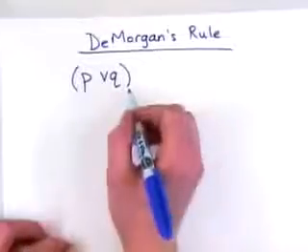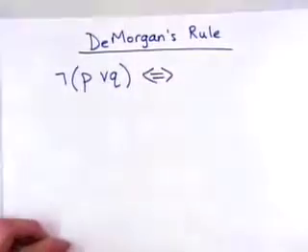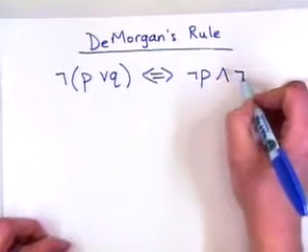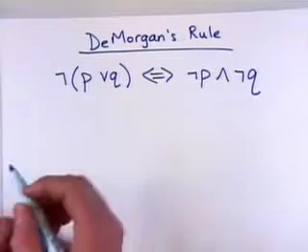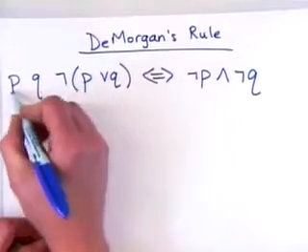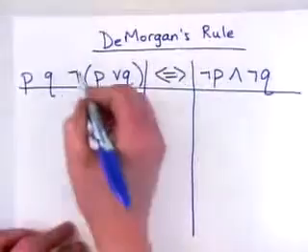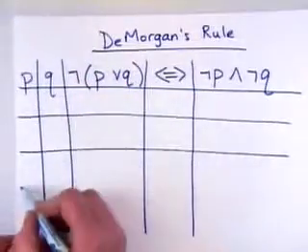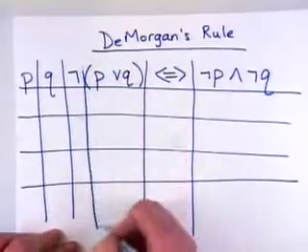So if we have P or Q, and then we negate that, De Morgan's rule tells me that's equivalent to negating P, changing the operator from an OR to an AND, negating Q. So if we make a truth table for that, notice here I'm making a column for the not.